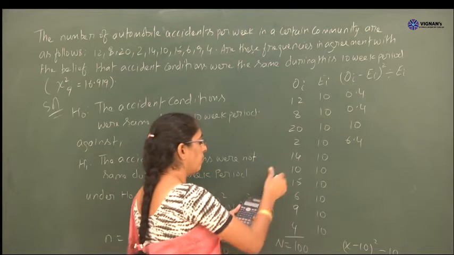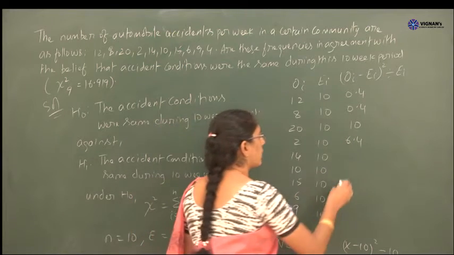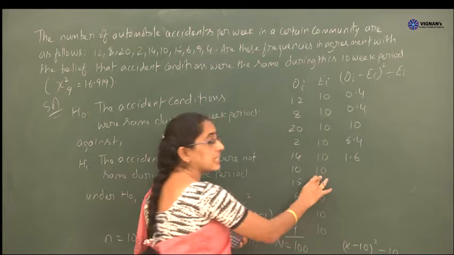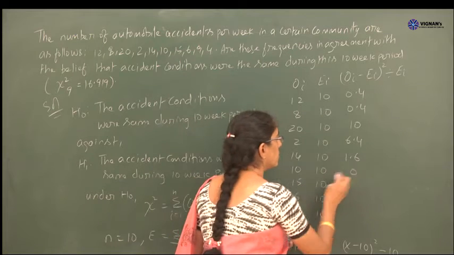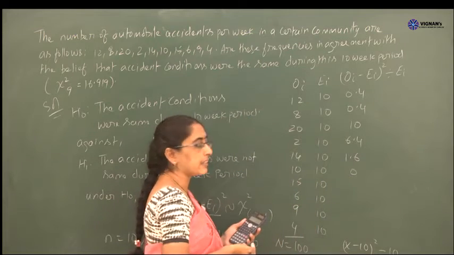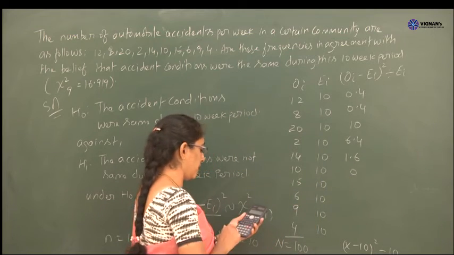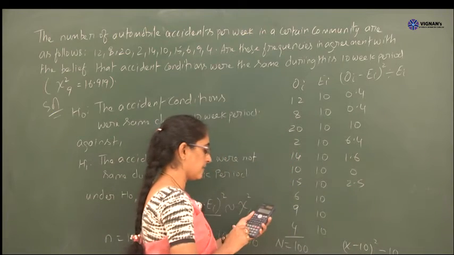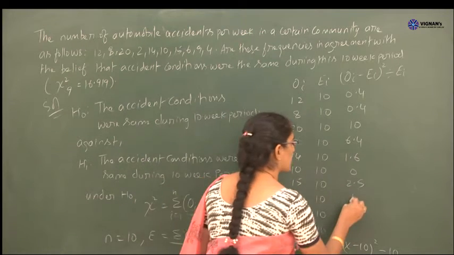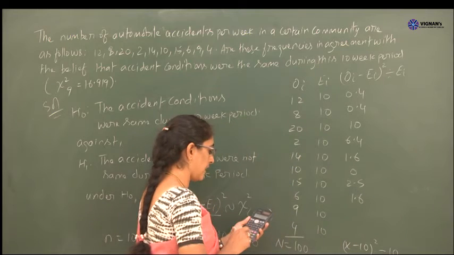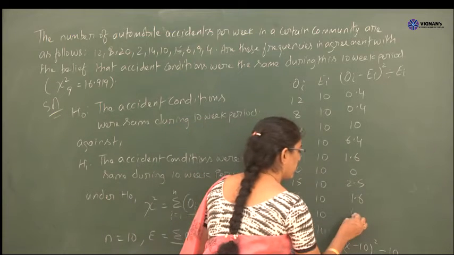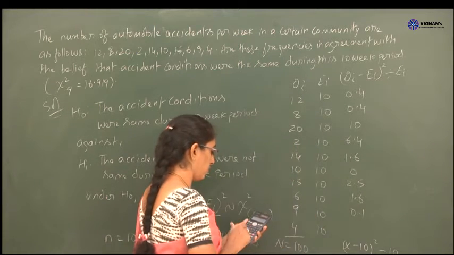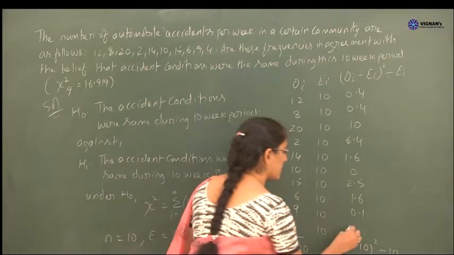Next, 14, it is 1.6. Of course here you will get 0 only, so 10 minus 10 is 0, and 0 by anything is 0. Next, 15 is 2.5. Next, 6, 1.6. Next, 9, 0.1. Then 4, it is 3.6.